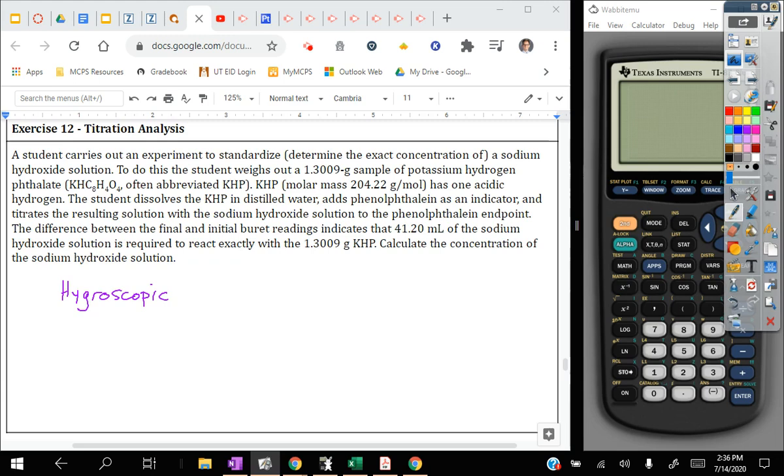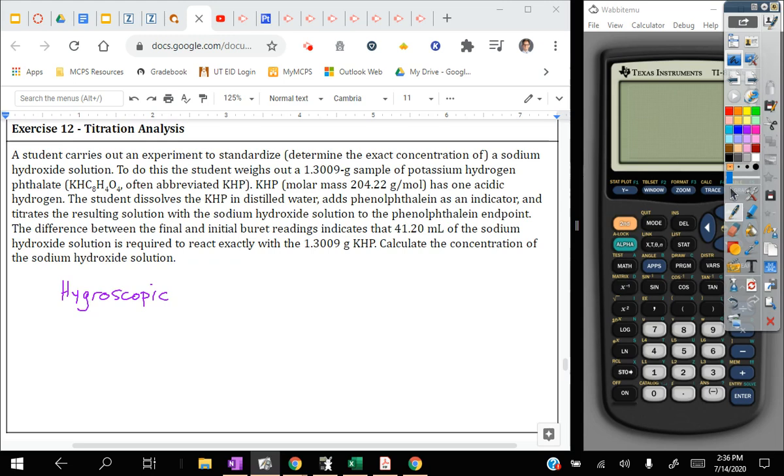This process is something that you will actually do in lab at some point during the year. You will measure a very, very accurate amount of KHP. You can see that on this particular scale, they have 5 significant figures, 1.3009, which is very, very accurate. I don't know if we have a scale quite that accurate, but we're going to get as close as we can.